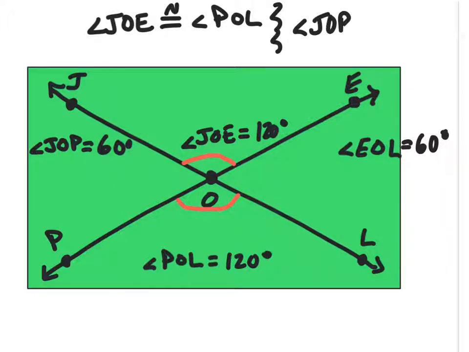Saying that their measures are the same is the same thing as saying congruent. Congruent means they have the same measure. So you can say that their measures are equal, or you could say that the angles are congruent. I like the word congruent. I just like the little tilde that's above the equal sign. I like writing that. So angle JOP is congruent to angle EOL.